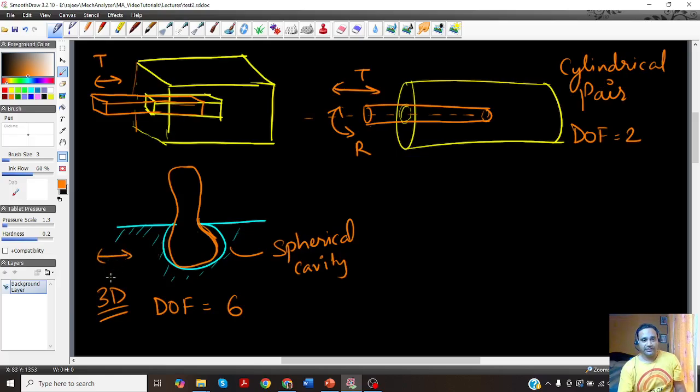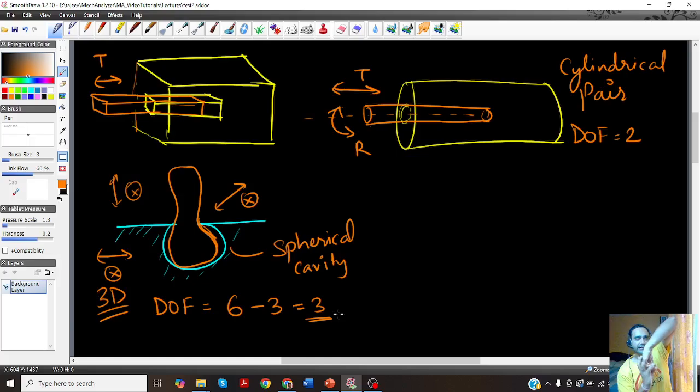So these 3 translations are not allowed. That means 3 restrictions are there, so the allowed degrees of freedom are 3. What are they? I can rotate like this, like this, and also in this manner, about the x-axis, y-axis, and z-axis. So this particular joint is known as a spherical joint.